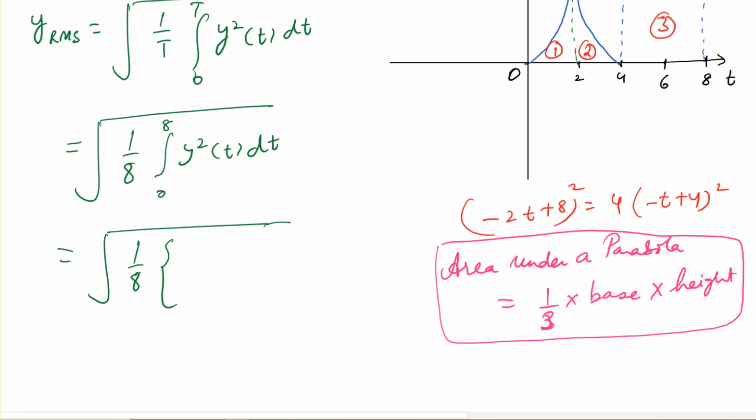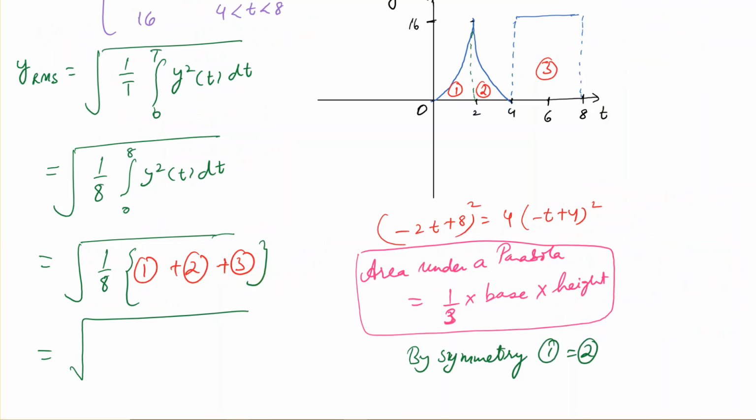So in this case, I'm gonna write area number 1 plus area number 2 plus area number 3. By symmetry of our diagram, area number 1 and 2 are same, so area from 0 to 2 equals to 2 to 4. I'm gonna write 2 times 1/3 of base, where base is 2 and the height is 16.